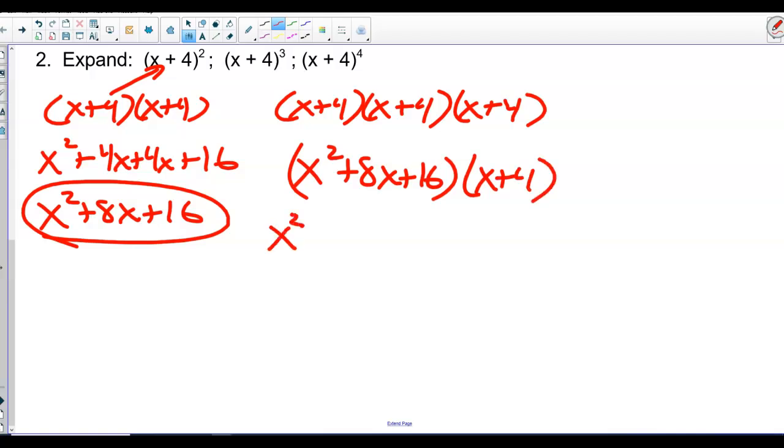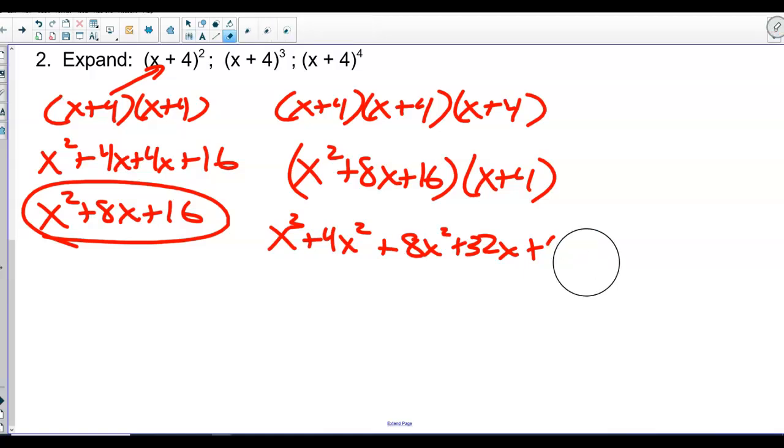So it's x cubed plus 4x squared plus 8x squared plus 32x plus 64. And that's just distributing the x squared through both terms, the 8x through both terms, and, oops, I missed a term there, the 16 through both terms. You always finish by combining your like terms.